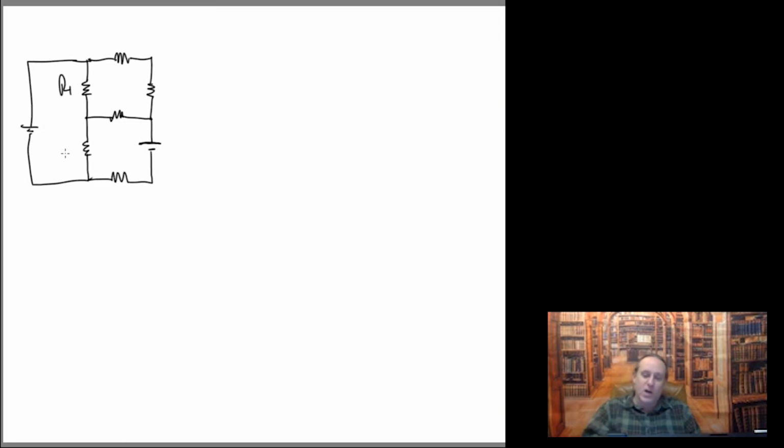So we have an R1, an R2, R3, R4, R5, R6, and a V1 and a V2.